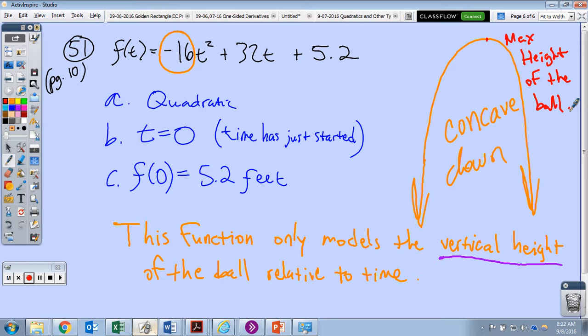So you might ask, why does it look like the pathway of the ball? Why is it a parabola? I know why it's a parabola algebraically speaking, but why is it a parabola naturally? If we're modeling vertical height of the ball relative to time, why does it not look like a straight line?